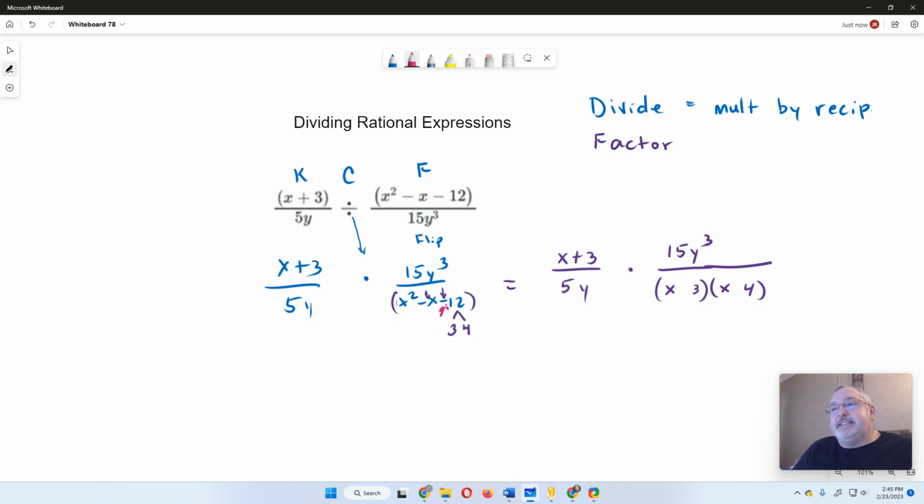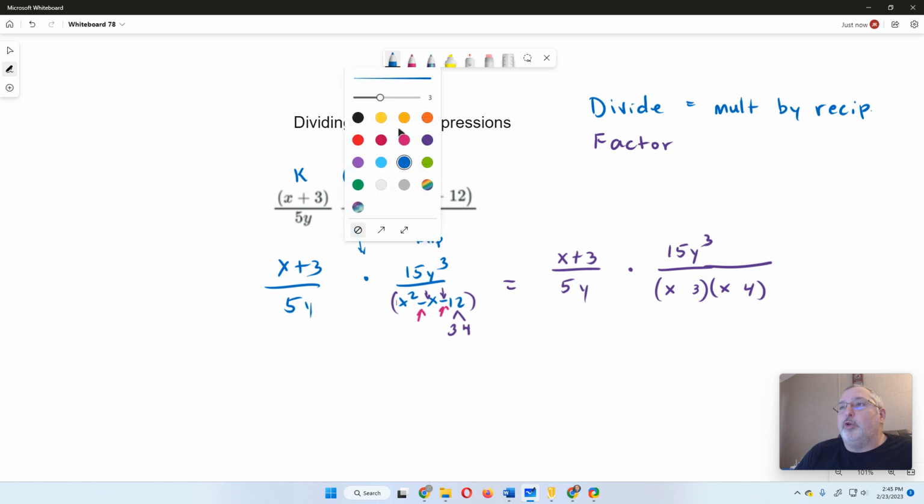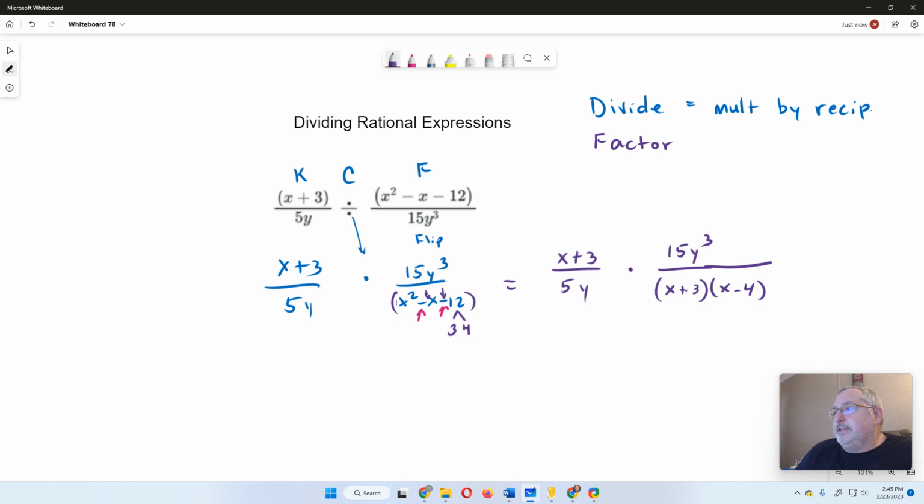In this case, since it's subtraction, I know I have one subtraction and one positive. Now, why is that? Because a negative times a positive is a negative. So we're just going to remember that. To place the signs, we look at this middle number, and that goes in front of the bigger factor. So in this case, the 4 gets the subtraction and the 3 gets the addition.